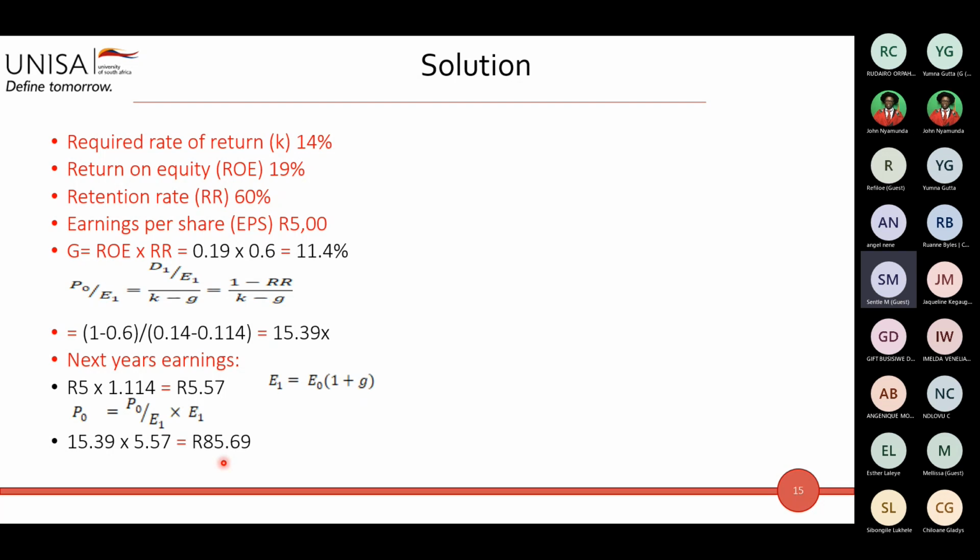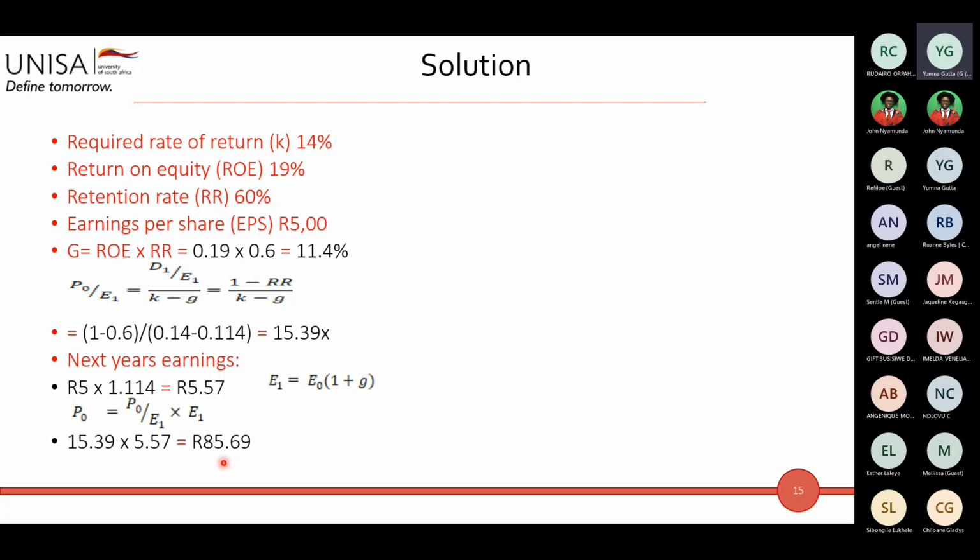Because I see sometimes it's two places with the 15.39, but in the other calculations it was four places. Which one should we use for safety's sake? You must always use 4 decimal places. Sometimes if after the 9 we had 00, I won't put the 00 in the question.